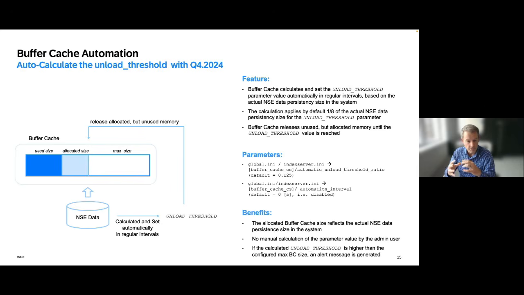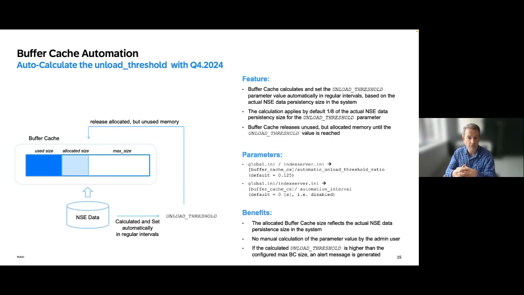The reasoning behind this is that HANA Cloud completely automates how the buffer cache is managed, how much memory is allocated, and then also released to the HANA Cloud Resource Manager.